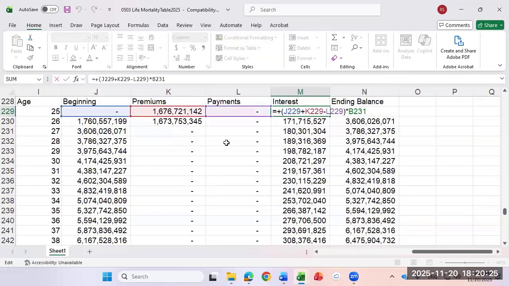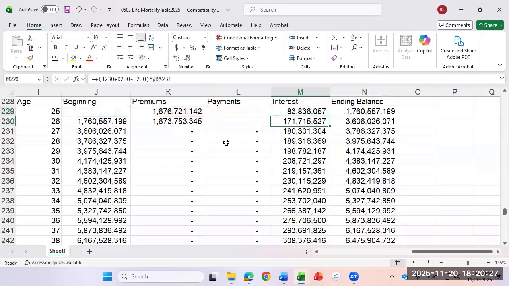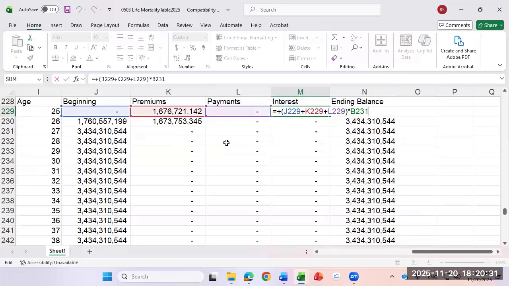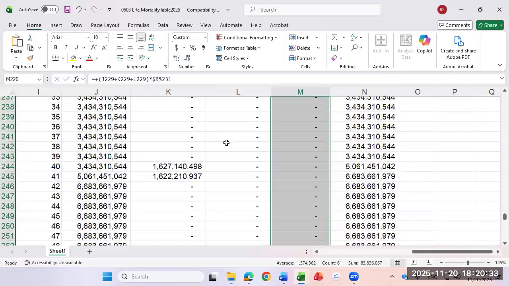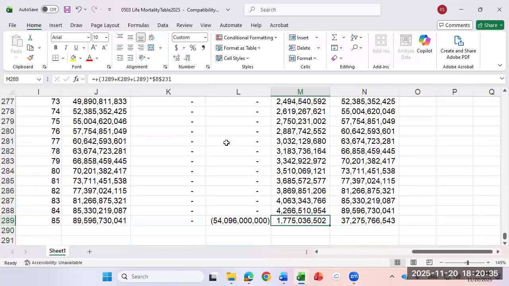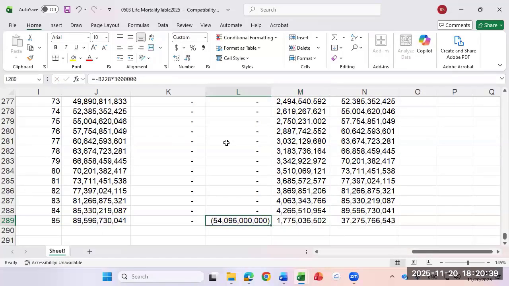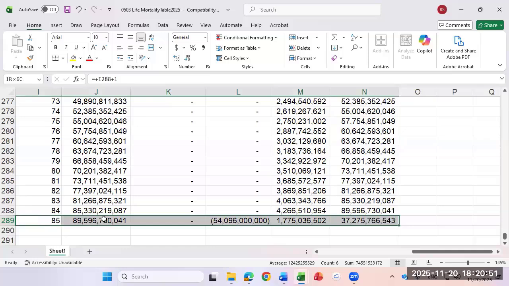I subtracted it. I'll add it because I'm going to do it as a negative number. So that's going to reduce our interest quite a bit because we're paying out 54 million bucks. We can't earn interest on that, so we're actually earning interest on 89 billion minus 54 billion. And so there we have that year.